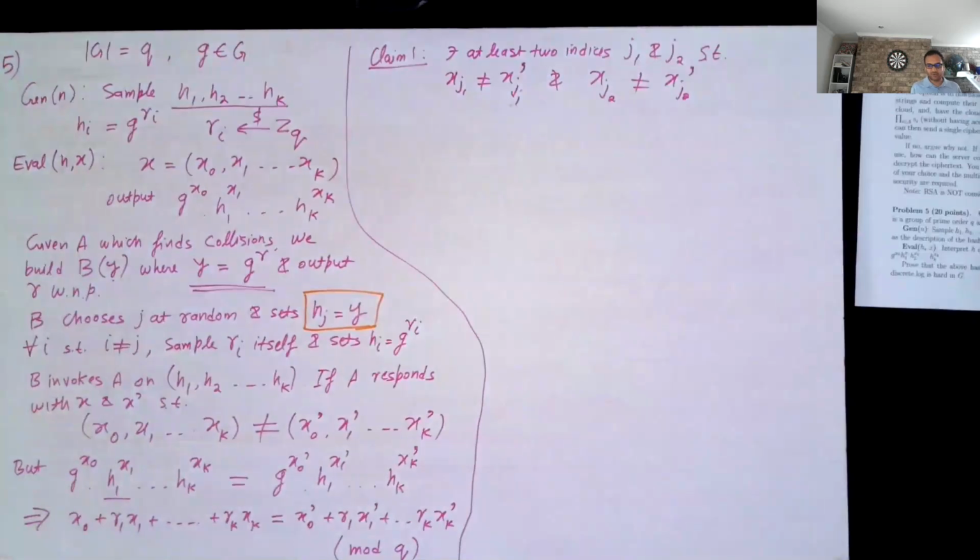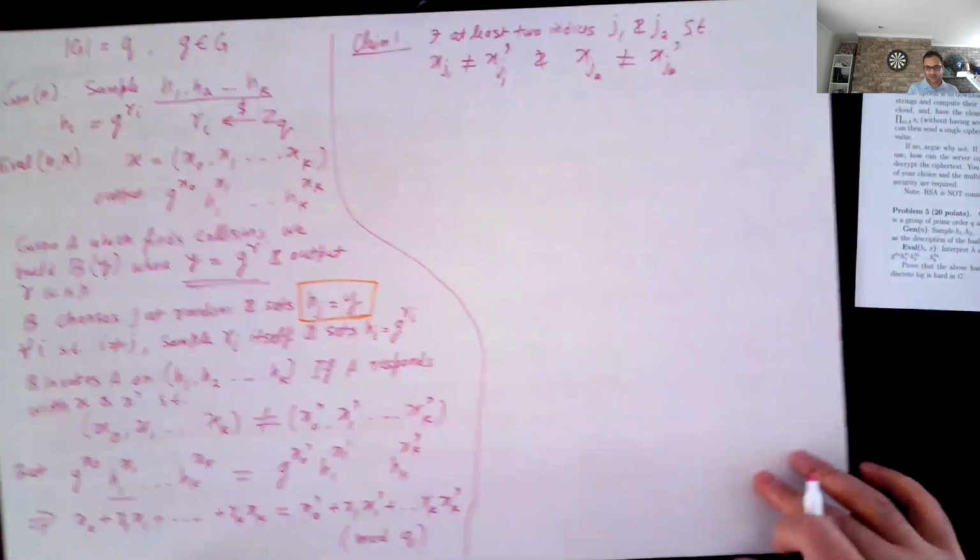Actually, you don't even need two. You just need one index to be different here.